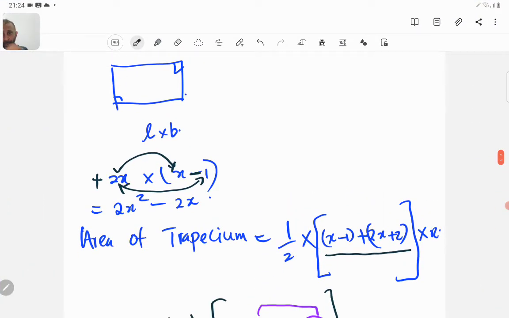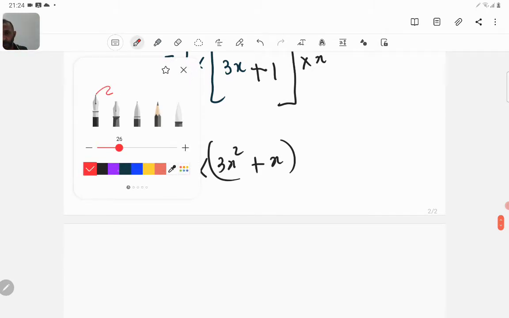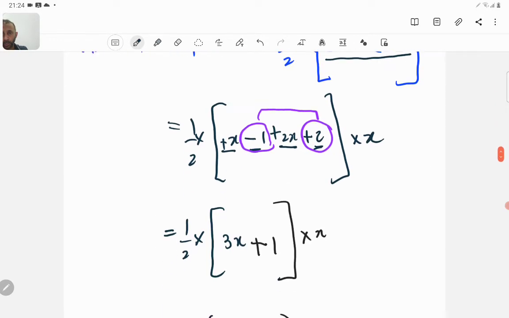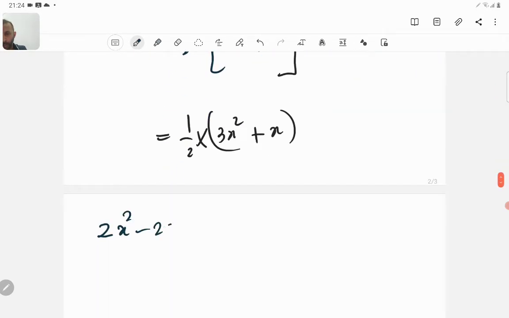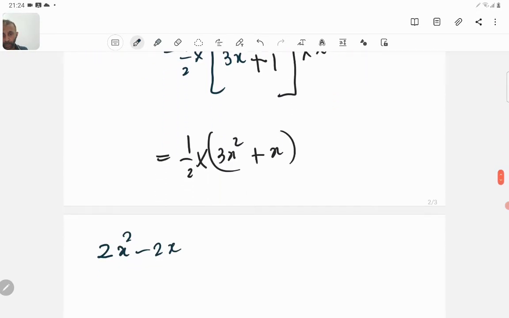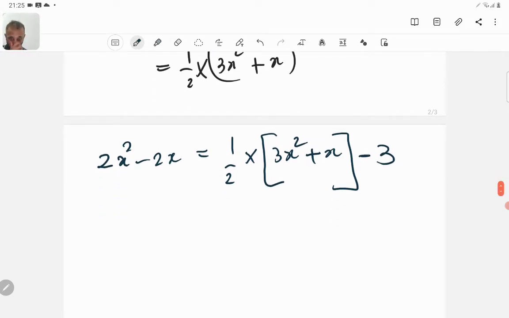The area of the rectangle is 2x² − 2x, which is equal to half of 3x² + x, and if you subtract 3 from here, you get that. This is the expression that the question has given.